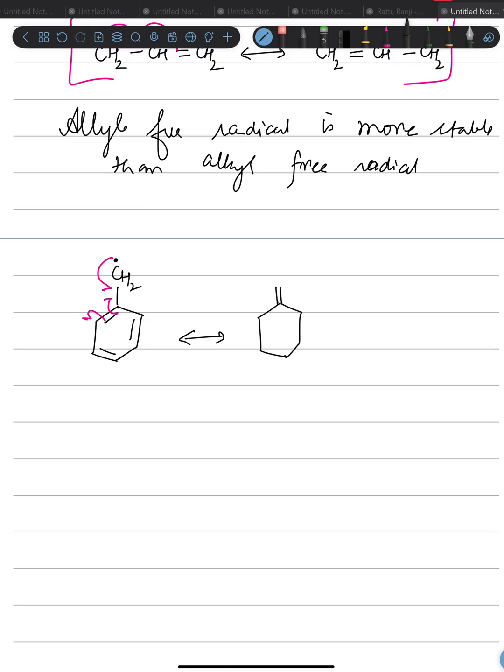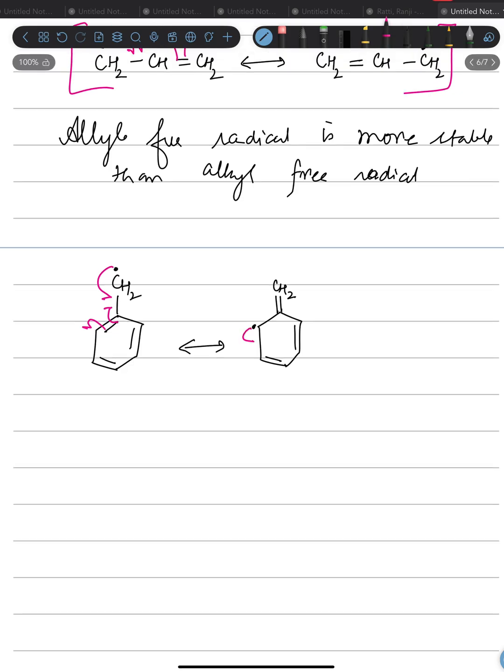And I would have CH2 there and odd electron here, and so on. Similarly, here, here, and here. So it's just the half-headed arrows I'm drawing all the time, right? So CH2, a double bond here, a double bond here, and odd electron is now here.